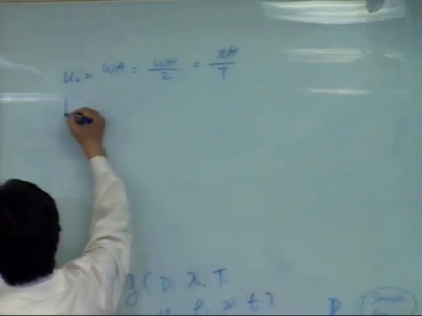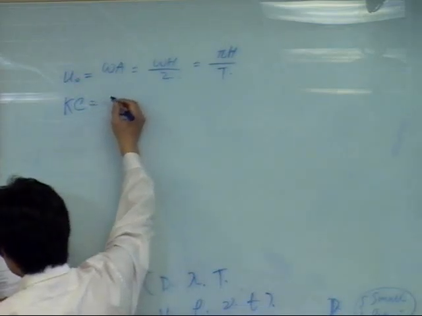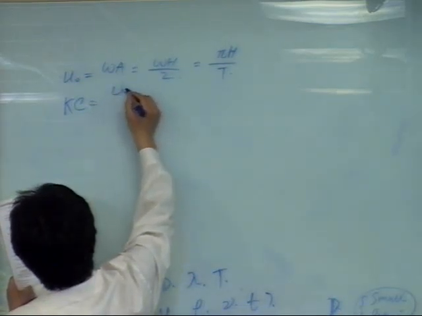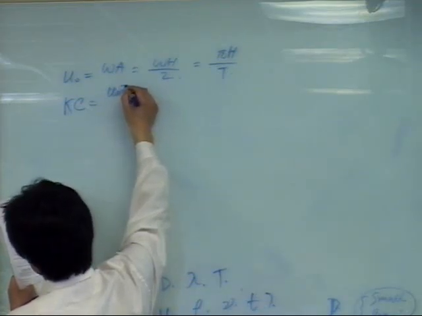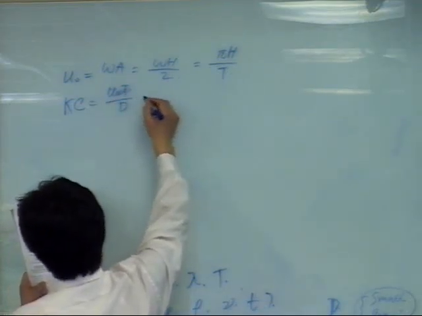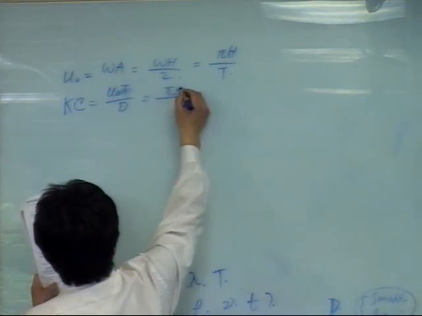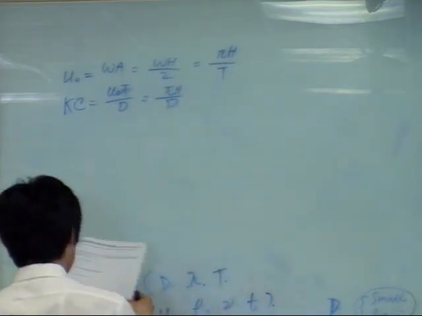Okay, with this, the KC number becomes U now T over D, which is pi H over D, right?